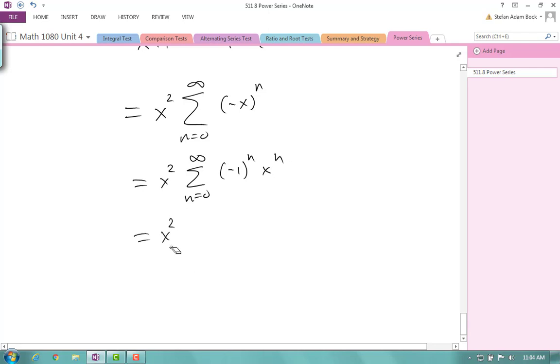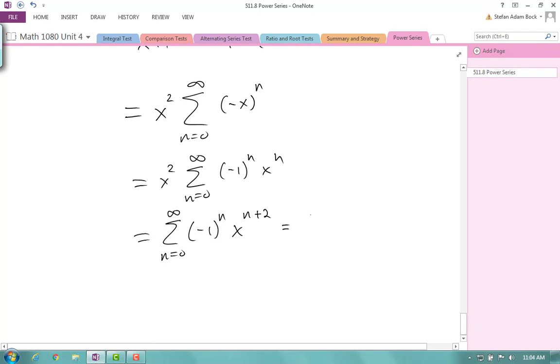Or not x squared here, but I can multiply the x squared into the series. I'll get negative 1 to the n times x to the n plus 2. So I've represented my function as a power series.